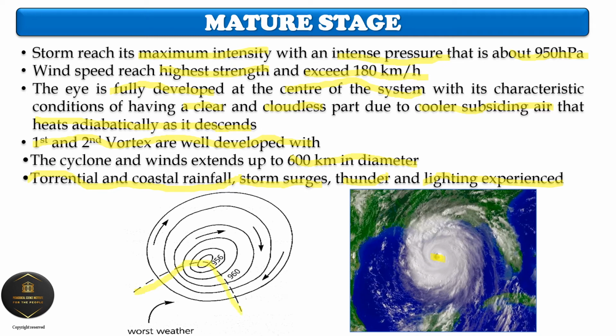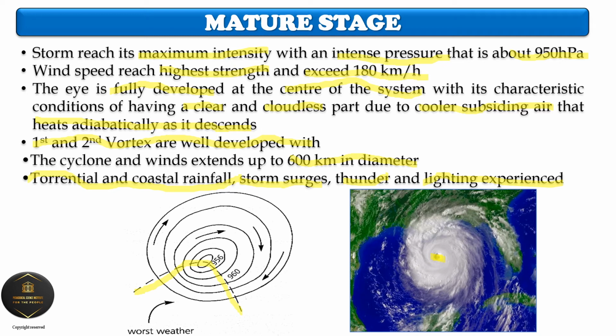Now, within the cyclone itself, we have a section of the cyclone that is known as the one that has the most severe weather, and we call that the dangerous quadrant, or the dangerous semicircle, as some textbooks will call it. So that's the part of the cyclone that has the strongest winds, the densest cumulonimbus clouds, and the most catastrophic conditions. And that section of the cyclone is usually found in the first vortex, right?